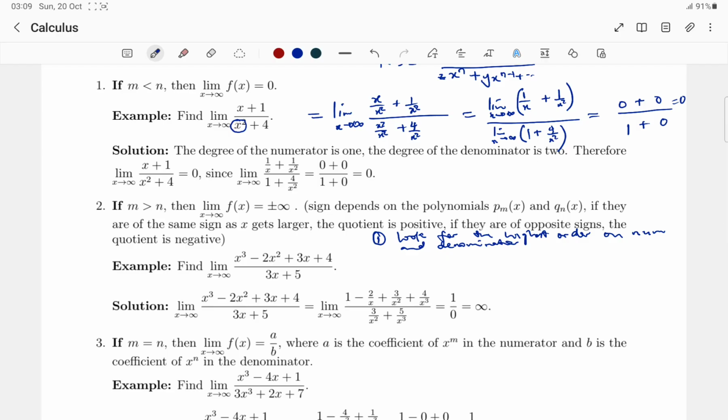The highest order on the numerator is x to the power of 3. Is it higher than the order on the denominator? The answer is yes. So we have to divide by x to the power of 3. The thing is, look for the highest order on the numerator and on the denominator.